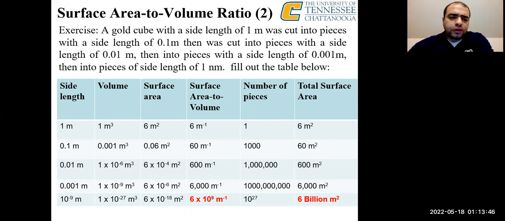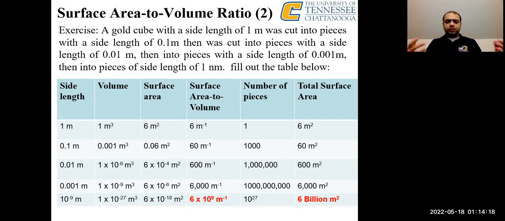As you see here, when you have one huge piece of gold, the surface area is 6 meters squared. Why? Because you have 6 faces on the cube, and each side is 1 by 1. If you cut it into pieces of 10 centimeters side length, you end up with a total surface area of 60 meters squared, a lot bigger.